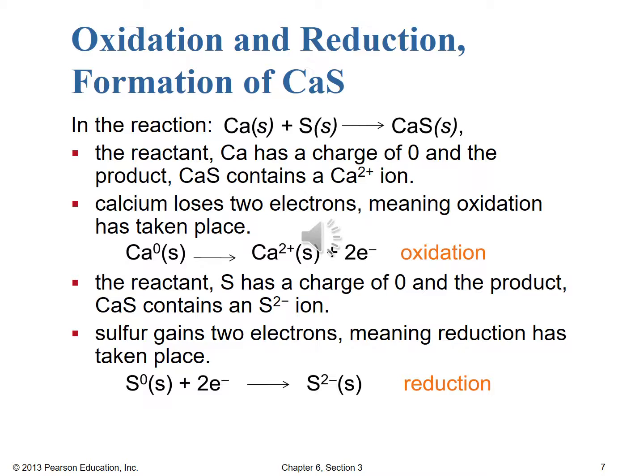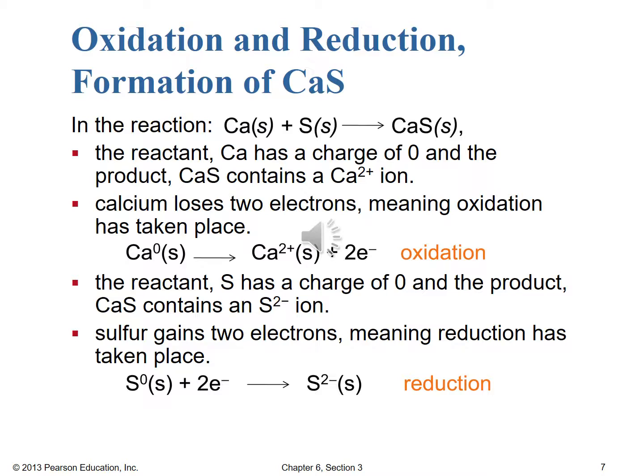That's an oxidation process. If instead we consider the sulfur, sulfur starts, just like calcium, as an element with an oxidation state of 0. And then if we look at the product, we have the sulfide ion, where nonmetals tend to gain enough electrons to move to the noble gas that follows them. So sulfur's in group 16 or group 6A.